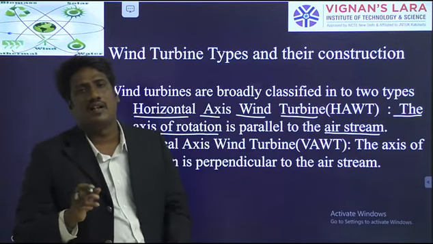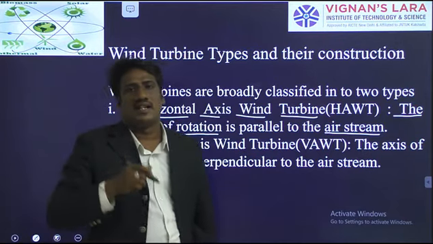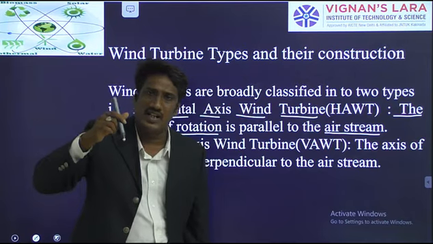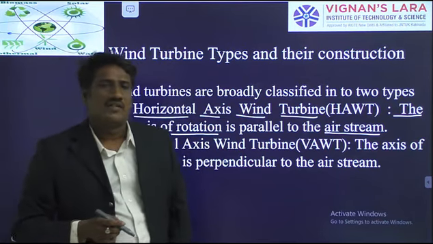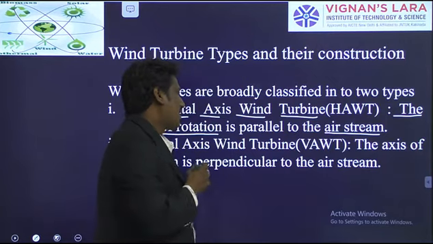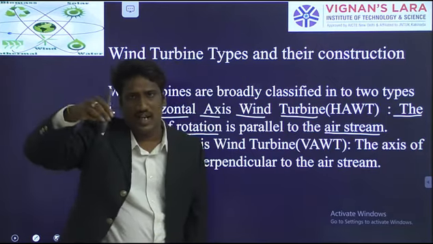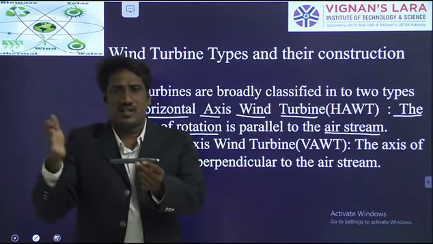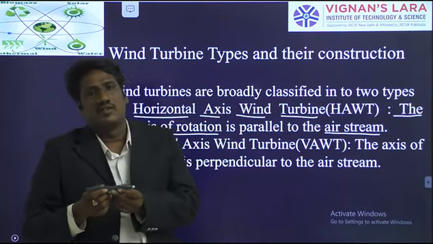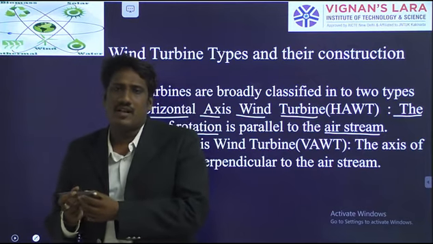Like that, it is based upon how the rotor axis is. If it is horizontal or parallel to the wind blow, you can say horizontal axis. Generally wind blows either east to west or north to south.